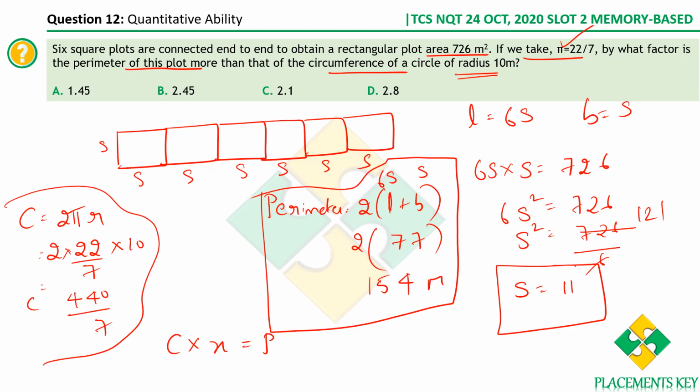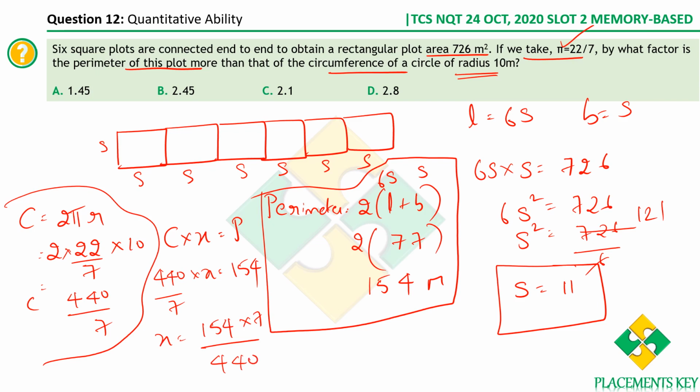So let's simplify this. Let the multiplying factor be x, which should give us the perimeter. The circumference is 440 by 7, so 440 by 7 into x is equal to the perimeter, 154. So x is equal to 154 into 7, divided by 440.